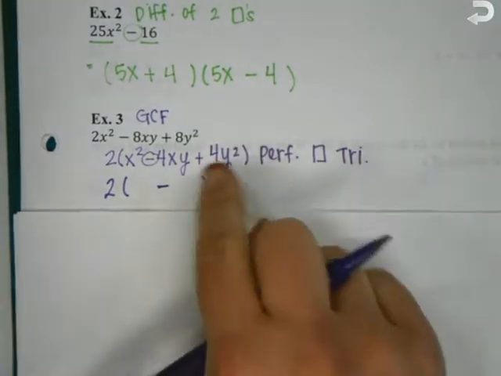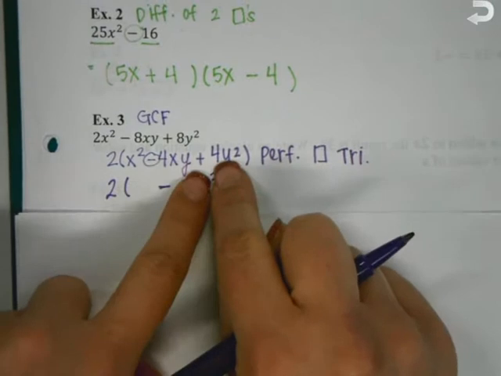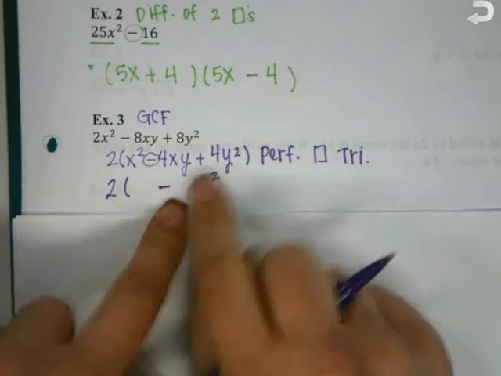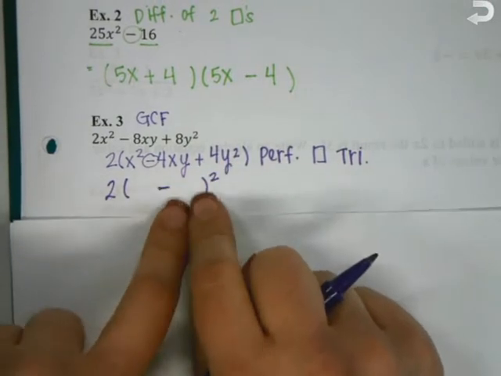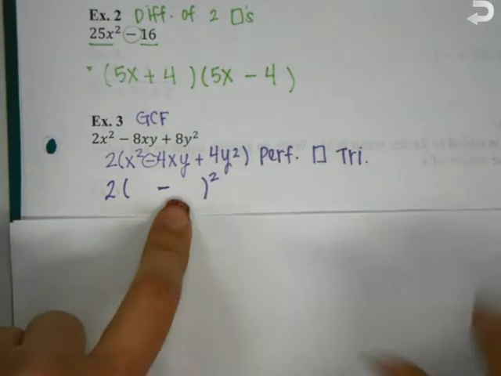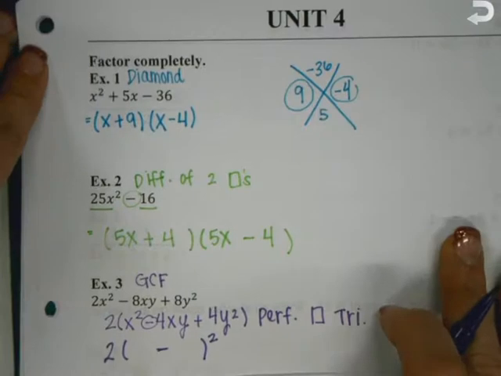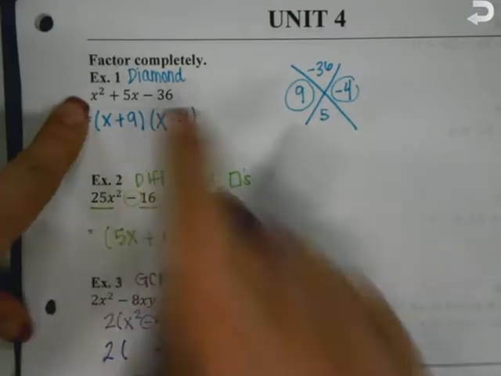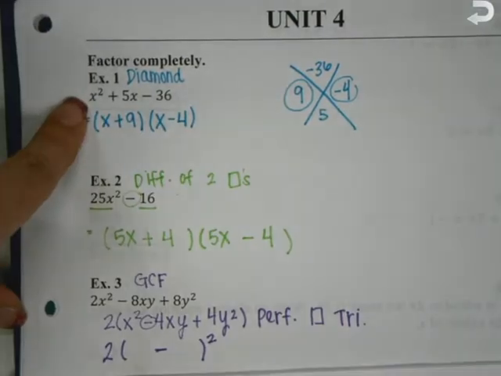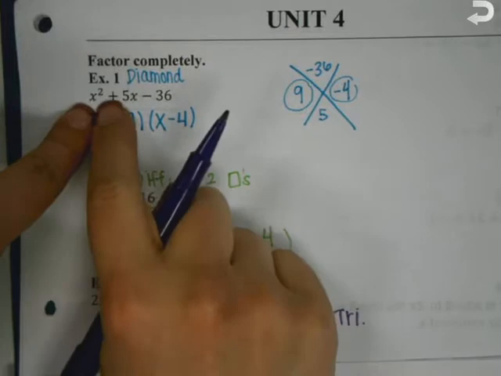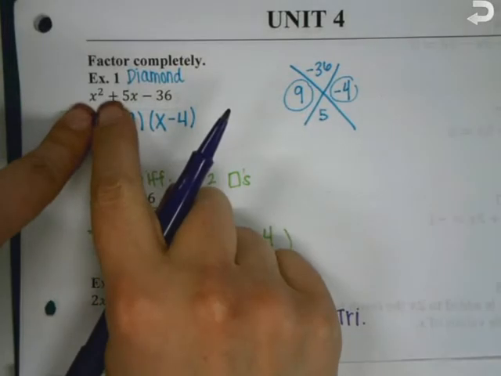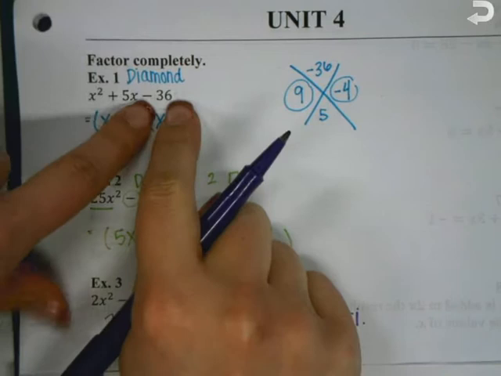Okay, so before I do this, will everybody look back up at example number 1? Example number 1 is a trinomial, correct? Is x squared a perfect square? Yeah. Is 36 a perfect square? Yes, but how come it's not a perfect square trinomial?